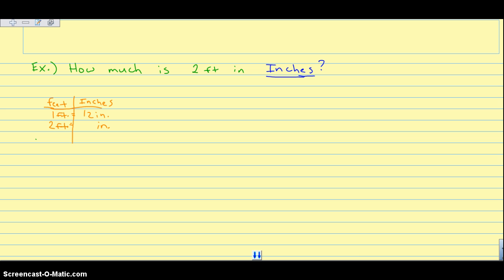Just for a good visual, you can go ahead and draw a rectangle. That rectangle can represent 1 foot. 1 foot is going to equal 12 inches.